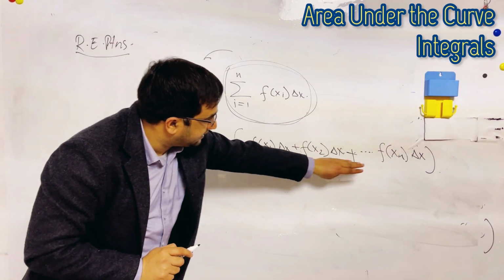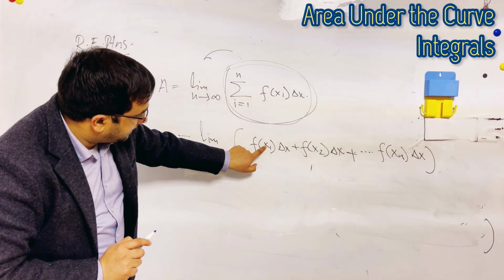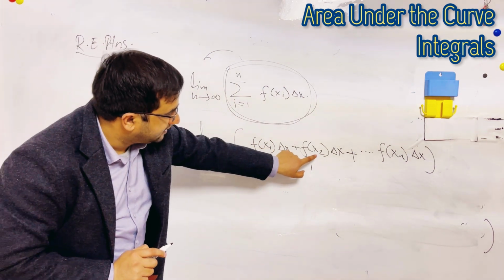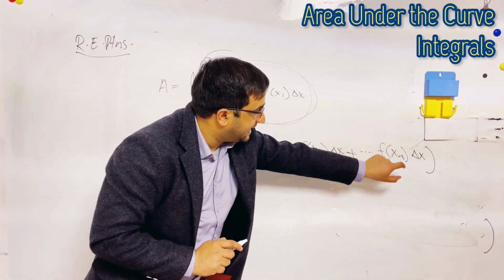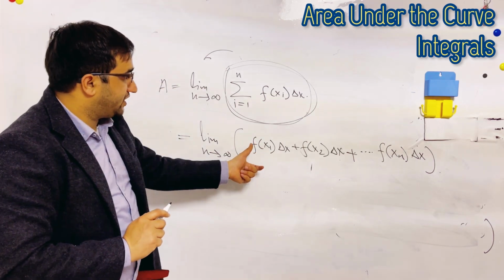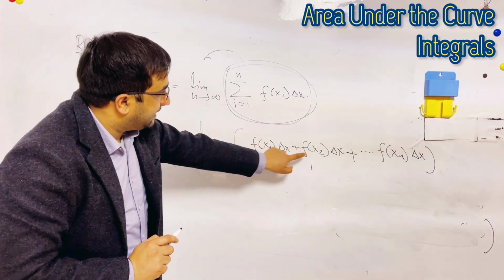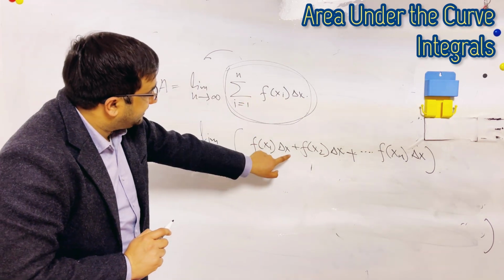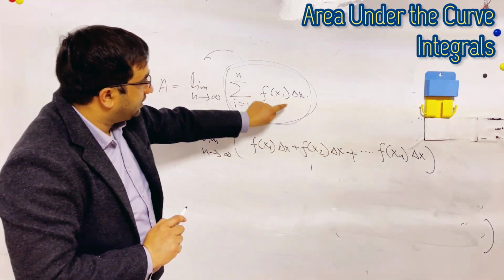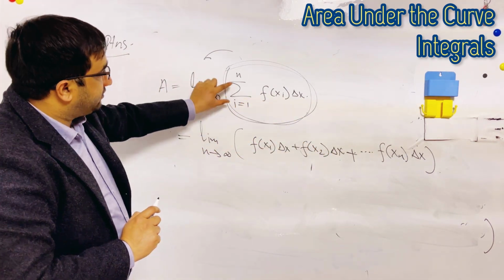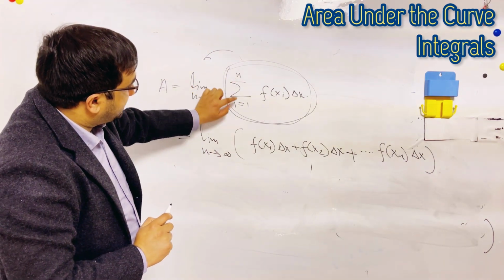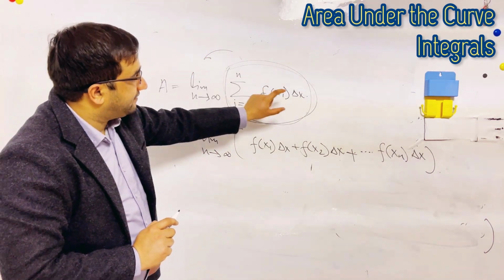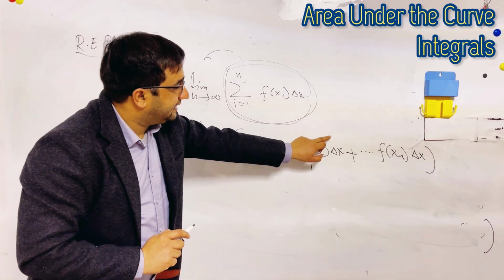In this whole expression, the subscript of x is changing: x1, 2, 3, 4, n. None of the other things are changing. The delta x is the same, f is the same, and instead of x1, 2, 3, you have written xi. So summation i from 1 to n f of xi delta x is this.